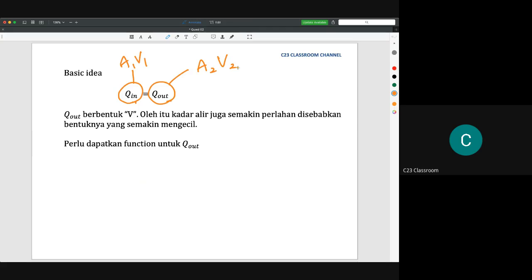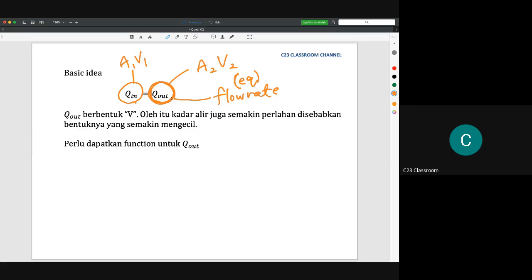But if you know the value of the flow rate for the outlet, you might not know the velocity and the area. You don't know the area and you don't know the velocity, but you know the equation for the flow rate. So it is okay for you to substitute it in the whole equation.